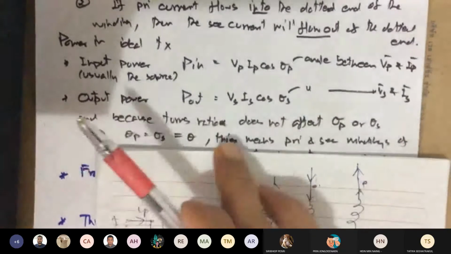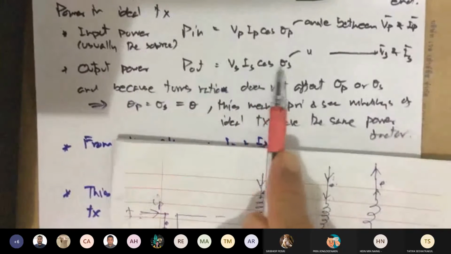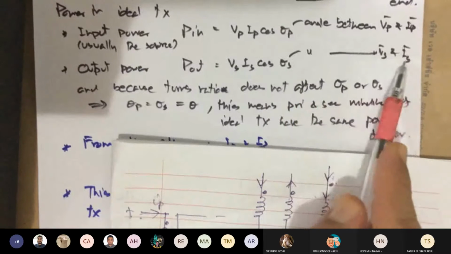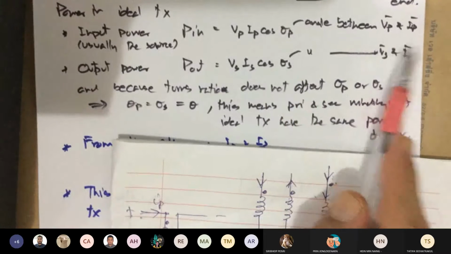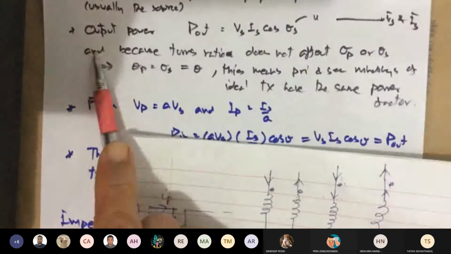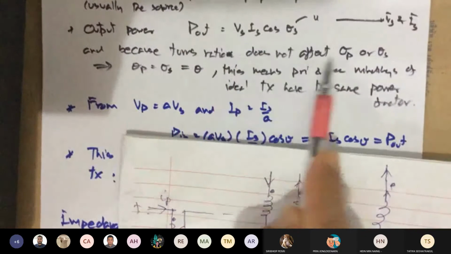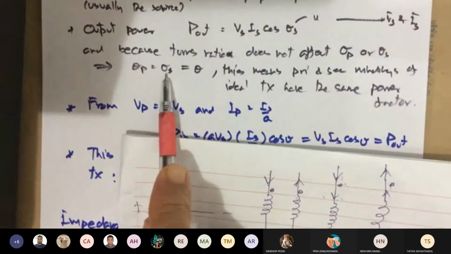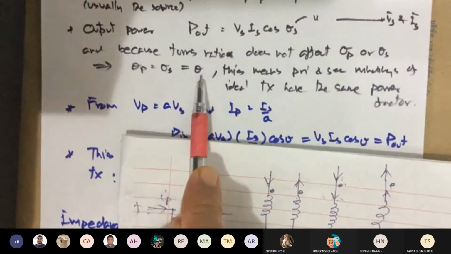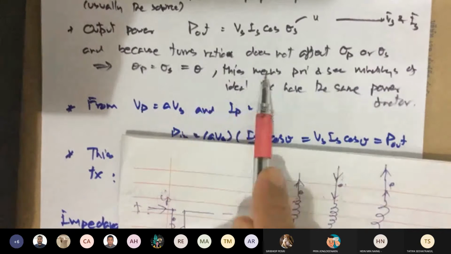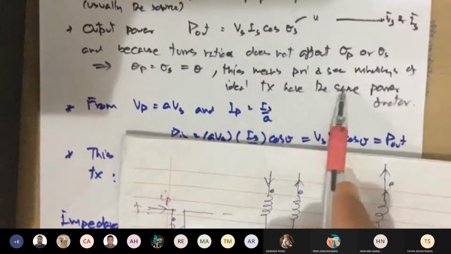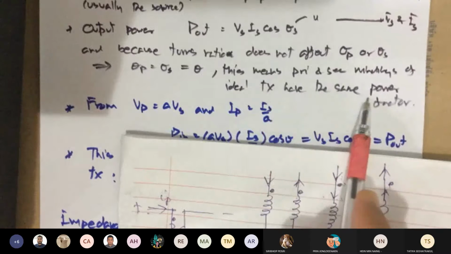Output power, P out, on the secondary side, is VS IS cosine theta S. And of course theta S is the angle between the VS phasor and IS phasor. If you look at this carefully, because the turns ratio does not affect theta P or theta S, that means theta P must equal theta S, and let that be regular theta, no subscript. This means that the primary windings and secondary windings of an ideal transformer have the same power factor.